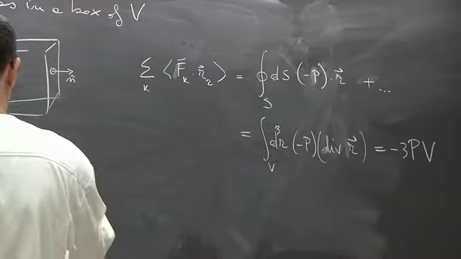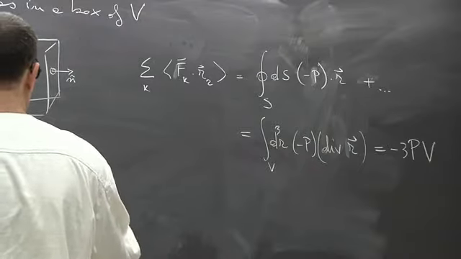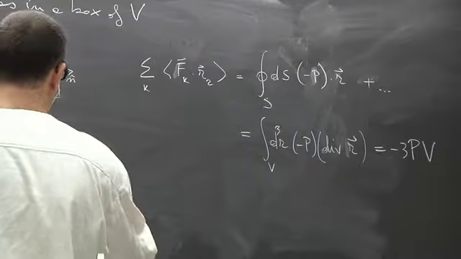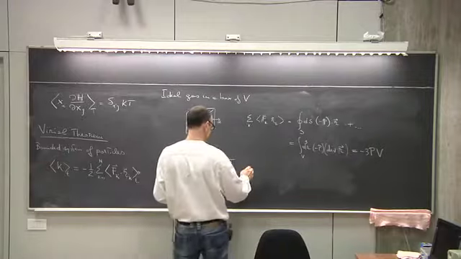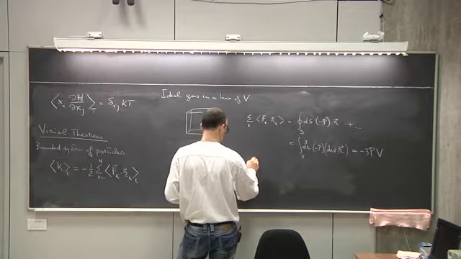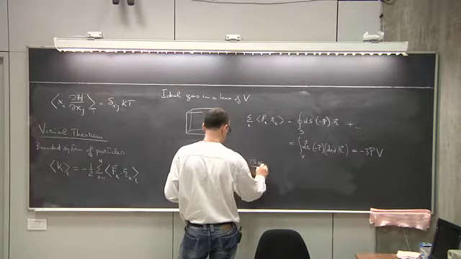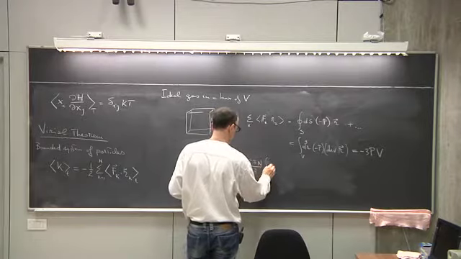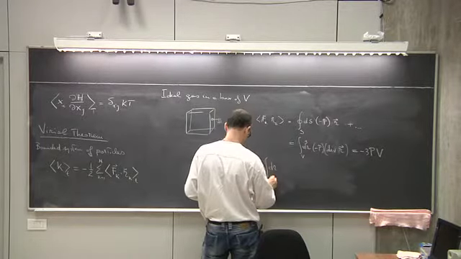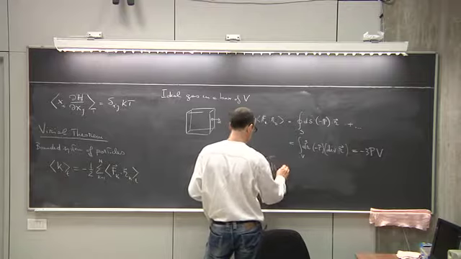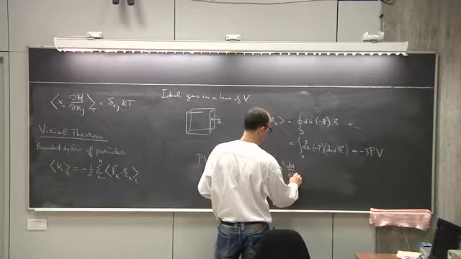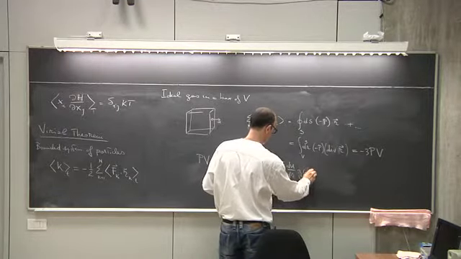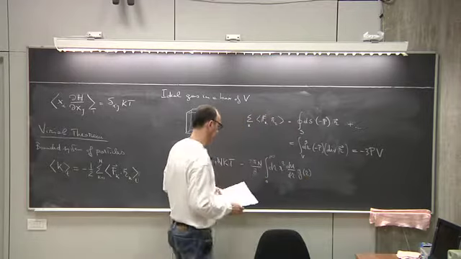The result is that you can write the equation of state in this form, which is minus 2 pi n over 3 times an integral dr from 0 to infinity of r cubed du/dr times g of r.